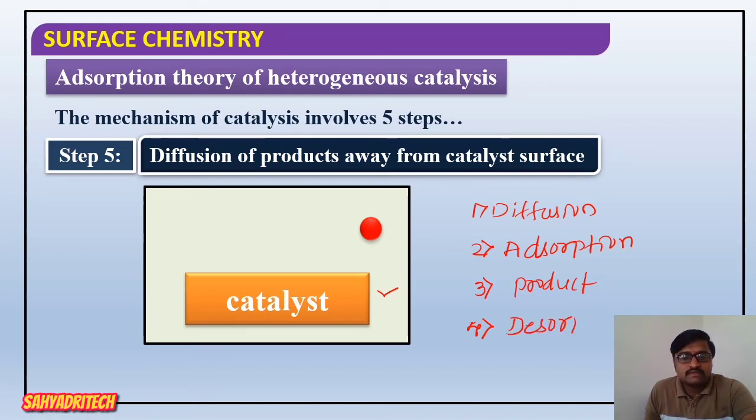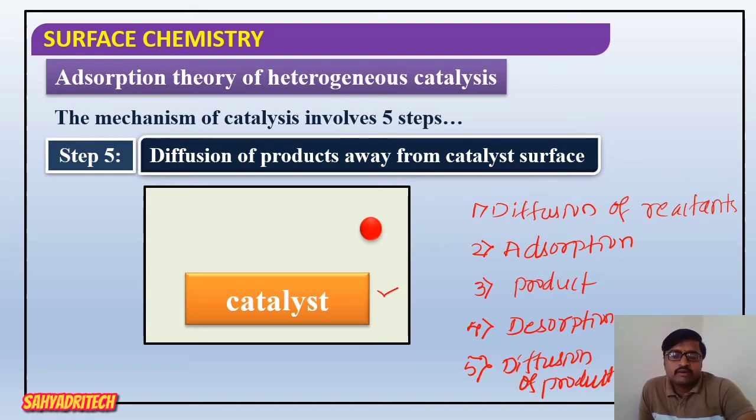Once desorption takes place, diffusion of product molecules takes place. So the last step is diffusion of products from the surface of a catalyst. In the first step, reactants are diffused. At the last, product molecules are diffused away from the catalyst surface so that the catalyst is regenerated.